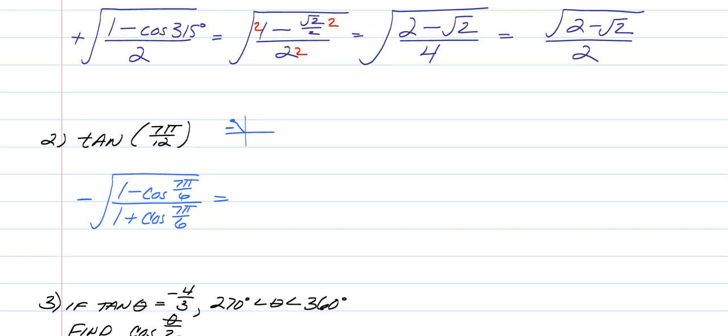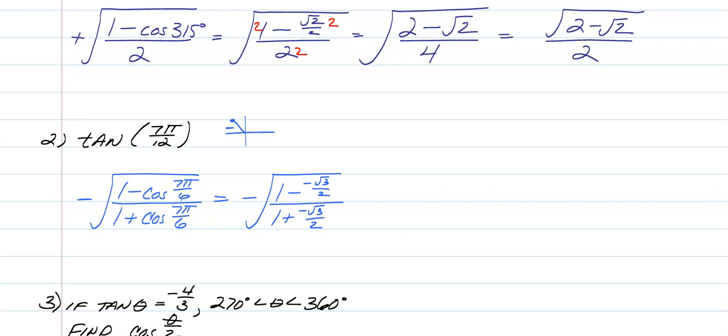And you have to remember that the cosine value of pi over 6 is root 3 over 2. So this is going to be equal to 1 minus a negative root 3 over 2 over 1 plus a negative root 3 over 2. So all we did was substitute in the cosine of your 7 pi over 6.